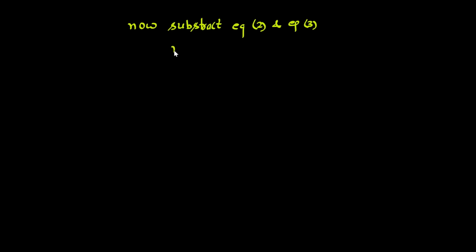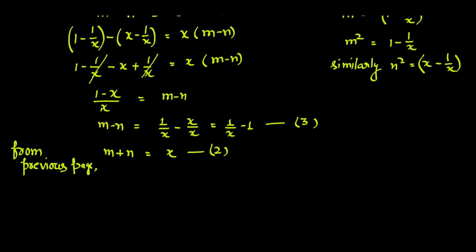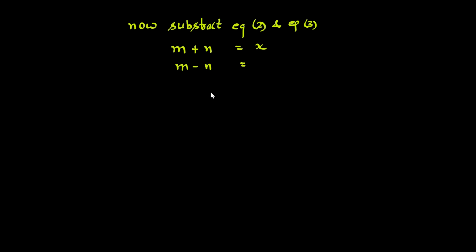So it will be m + n is equal to x, m − n is equal to 1/x − 1.